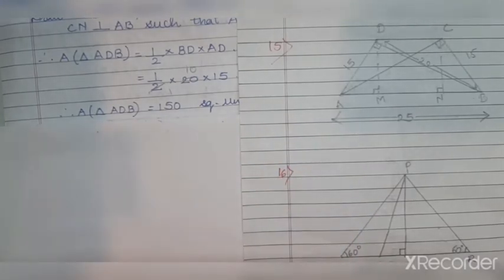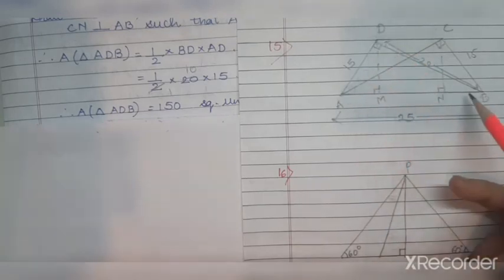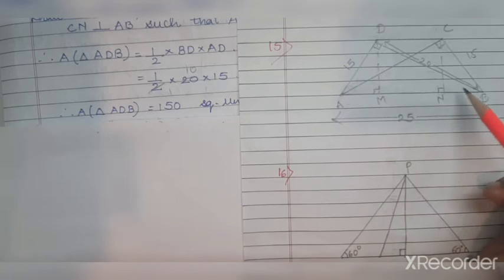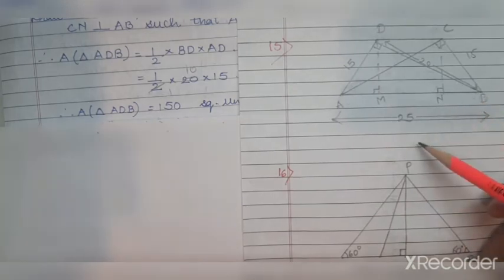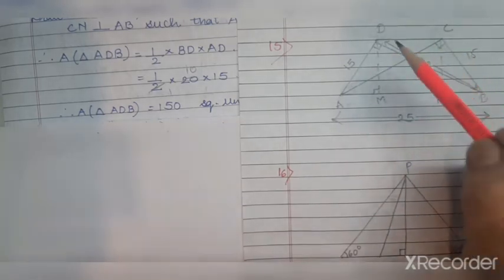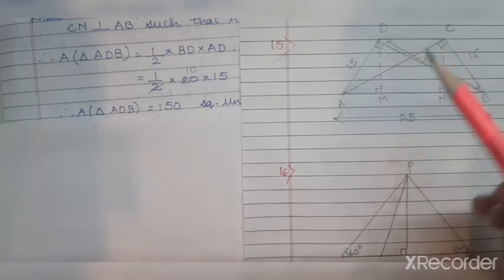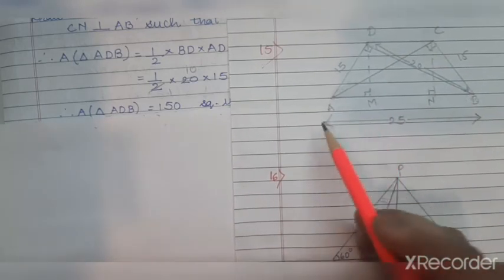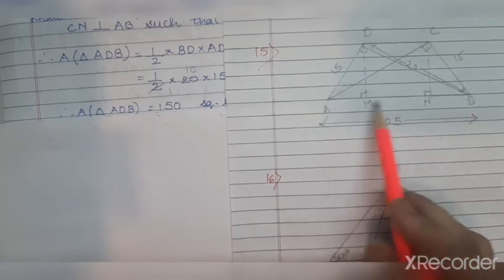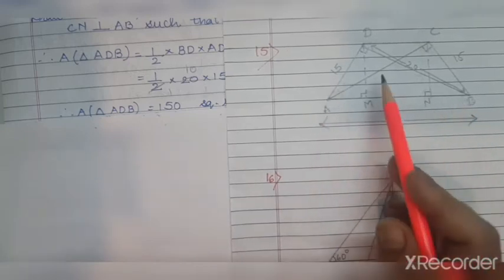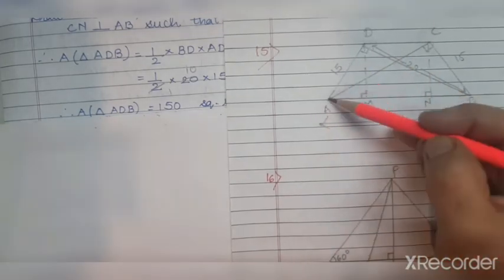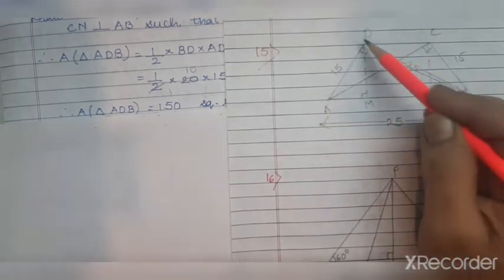Okay. So what we found is the area of triangle ADB with base as AD and height as BD. Now if you look at the same triangle and take AB as the base, you see here, same triangle I am talking about, ABD. Just now we had taken AD as the base and BD as the height.